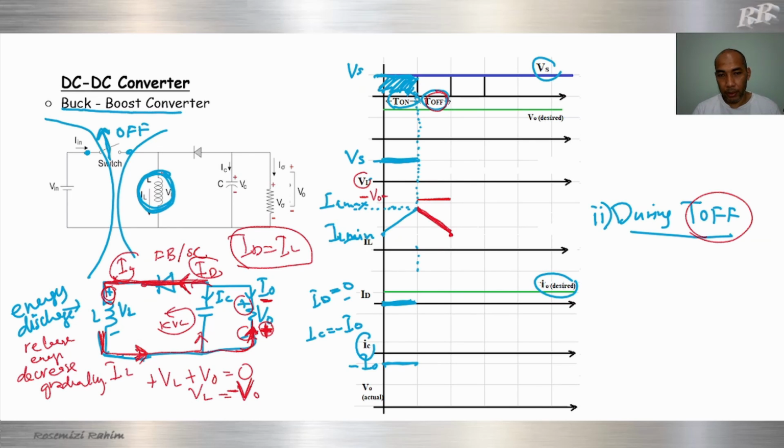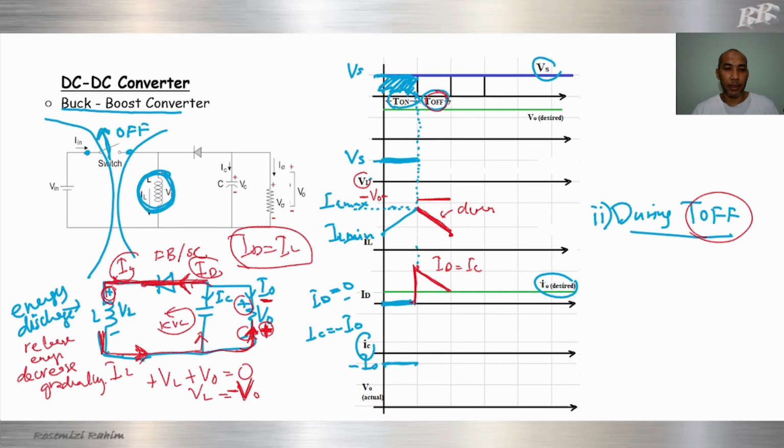IL like that, so my ID will be like this. IL decreases, ID also decreases, same slope, previously from here, from 0.